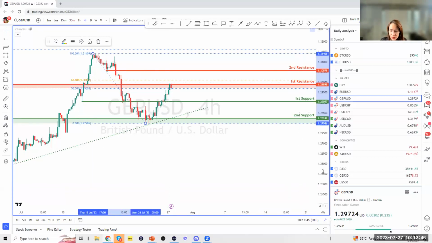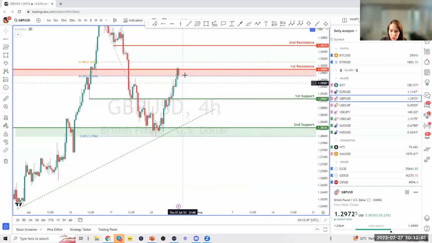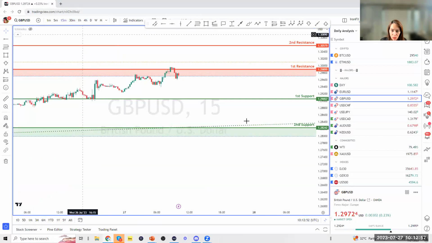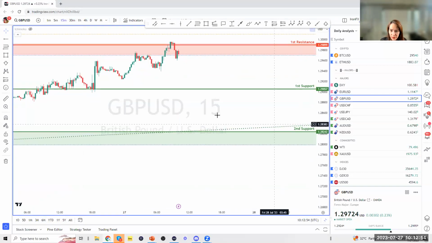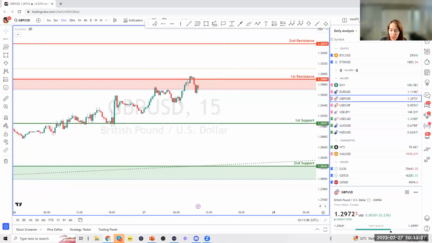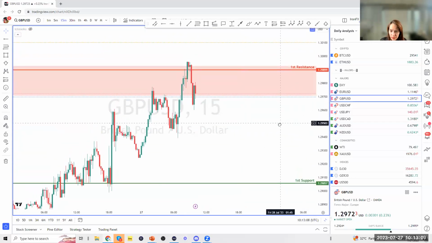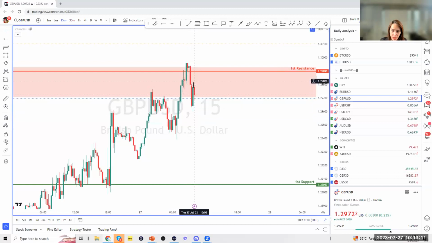What you can see is that when the price went to this level, there was rejection, so you go to the lower time frame like M15. You can see we have a bearish candle like this, a very engulfing candle as well. But do you know why the price bounced off from this?